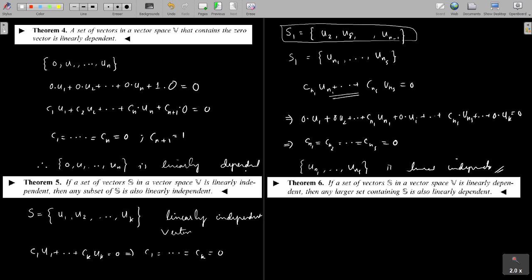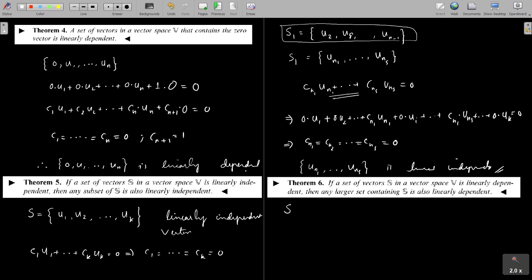Now we have the last theorem. Theorem 6 is the last theorem of this section. If a set S of vectors in a vector space V is linearly dependent, then any larger set containing S is also linearly dependent. That means a superset of a linearly dependent set is linearly dependent.